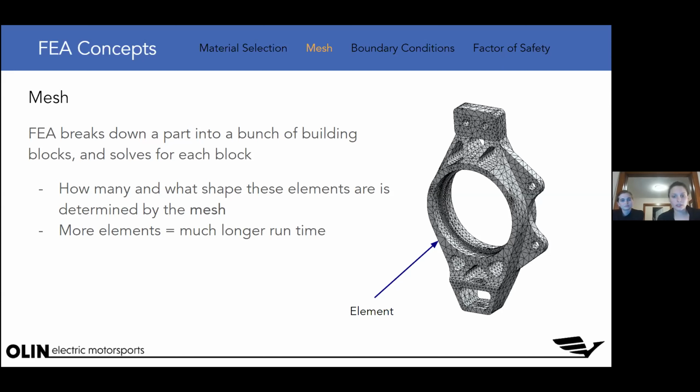That's why it's called finite element analysis, because it breaks these things into little pieces called elements. You might think, okay, cool, the smaller the element, the more fine-tuned my analysis will be. But the more elements you have, the runtime for your analysis is going to increase. So more elements is not always good.